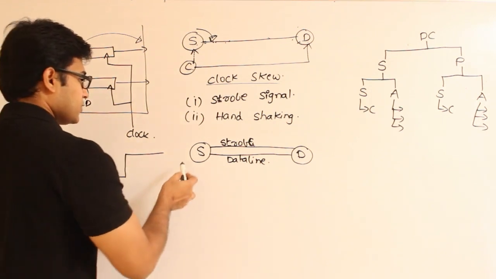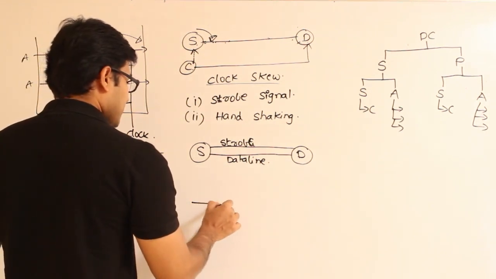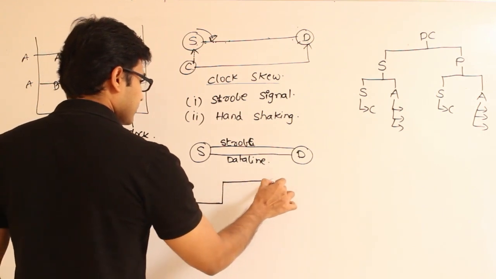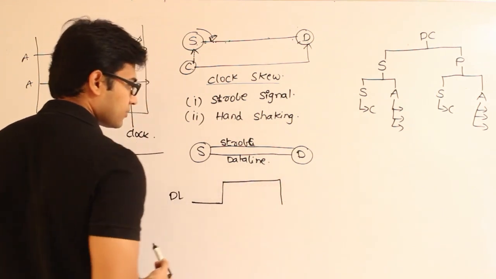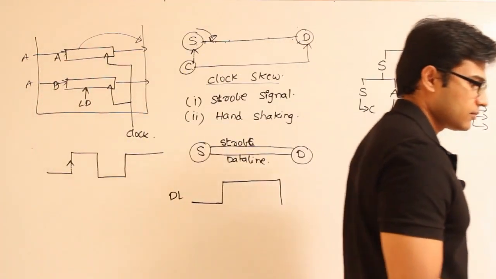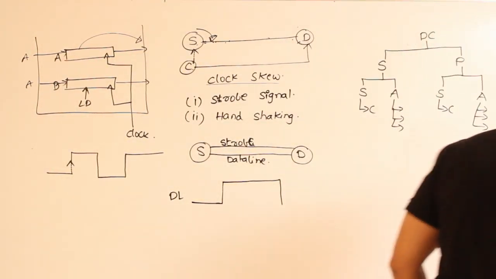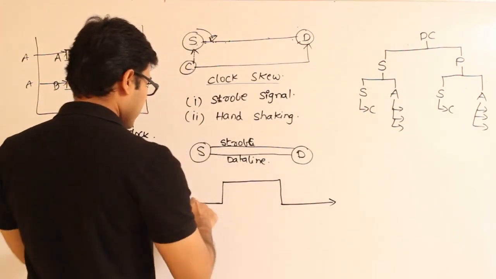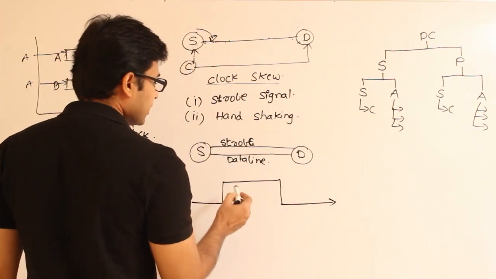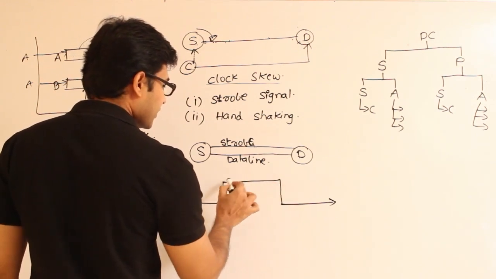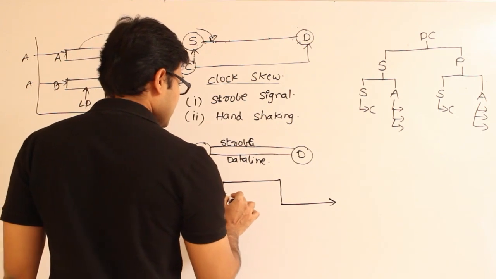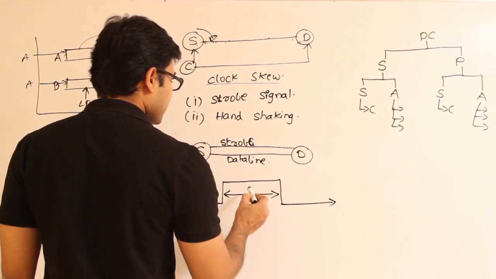Now the source will place some data on the data line, and this is the timeline. This doesn't represent that it is 1 or 0; I just assume that this part represents valid data on the data line.